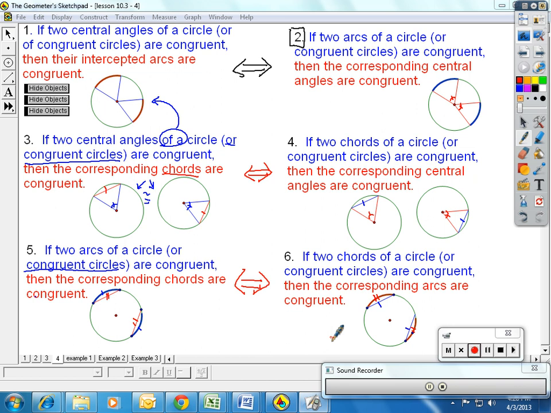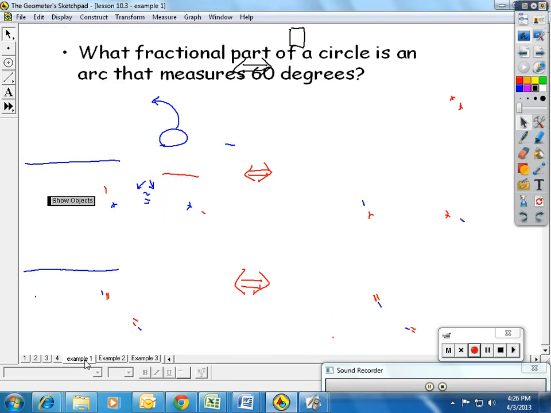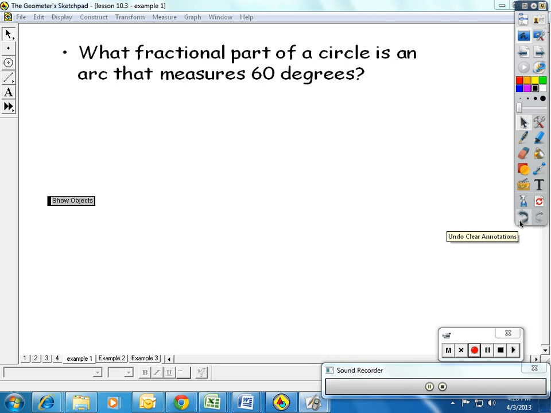Let's move to some examples. Okay, so now we're going to look at the first example, which is arcs. What fractional part of a circle is an arc that measures 60 degrees?